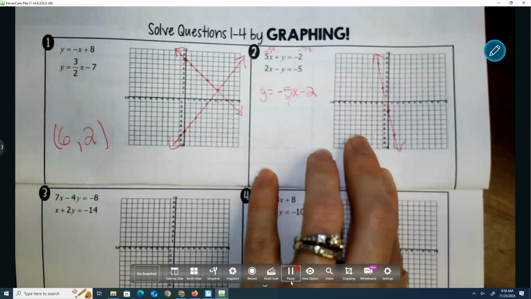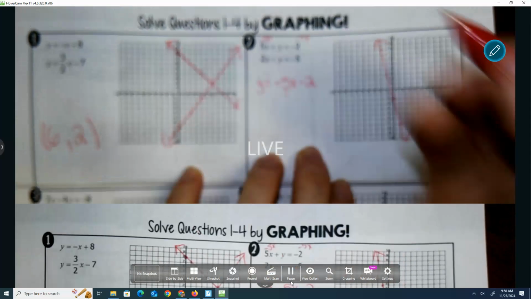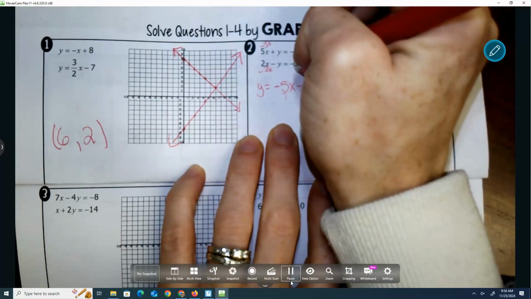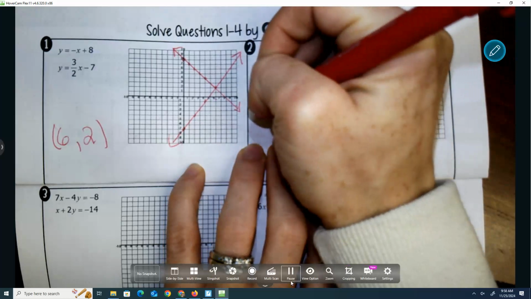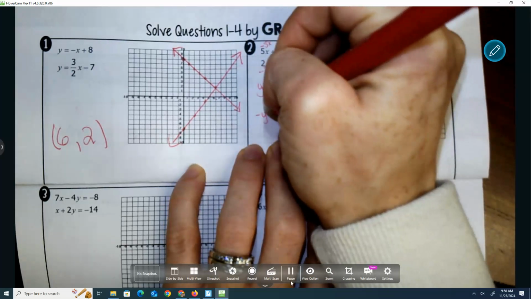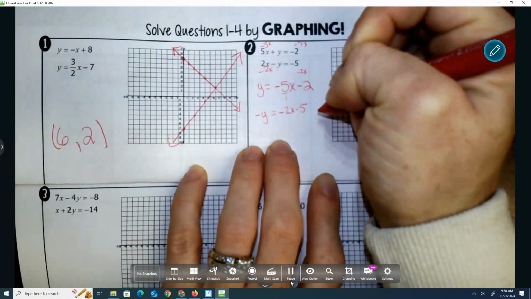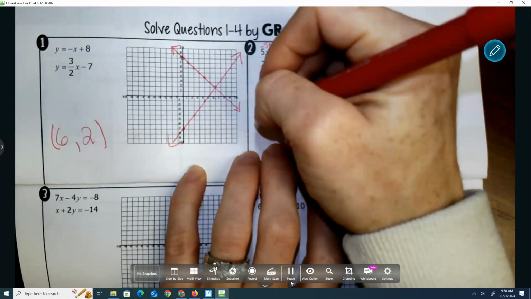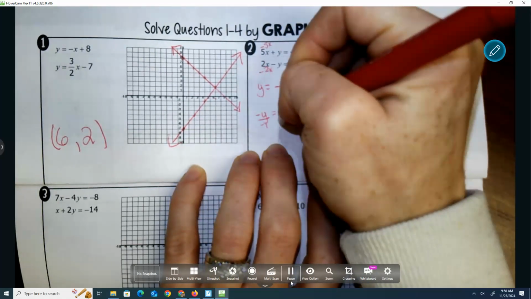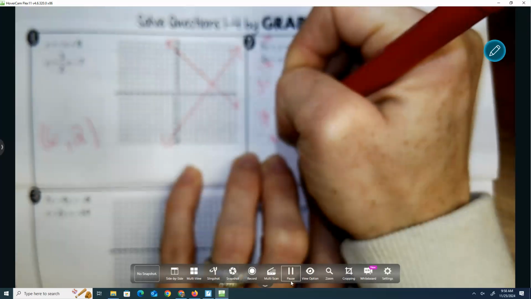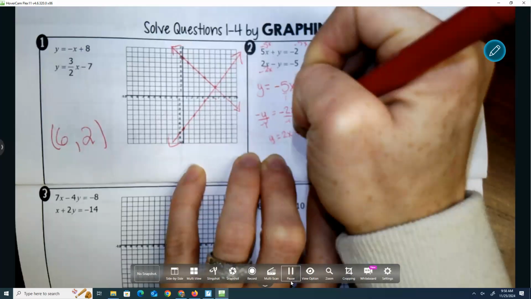Second one, if I am trying to get y by itself, we can subtract the 2x. So we have negative y equals negative 2x minus 5. But since it's a negative y, we have to divide by negative 1. So y is positive 2x plus 5.